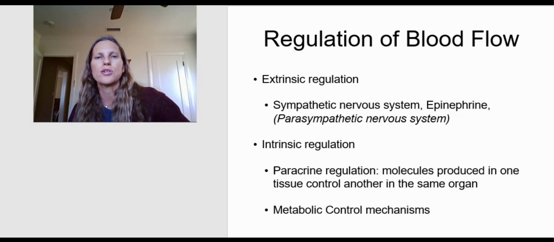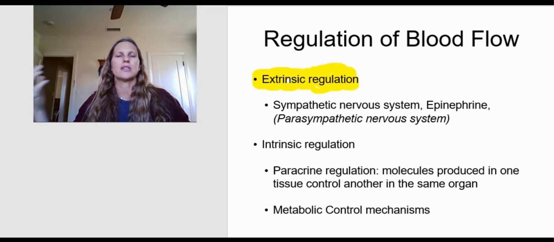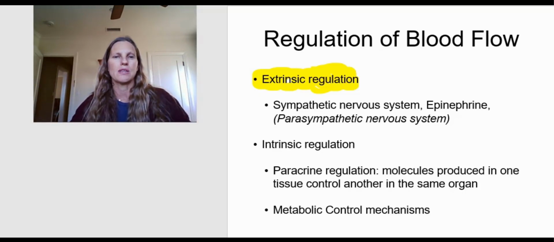One of those big headings would be extrinsic regulation. And that's like a real big response where you're using the nervous system, or you're using hormones or neurohormones to affect many, many areas in the body at the same time. And that would be considered extrinsic.